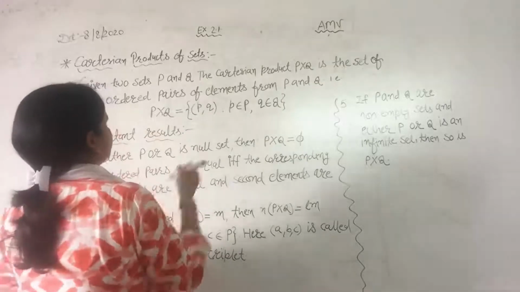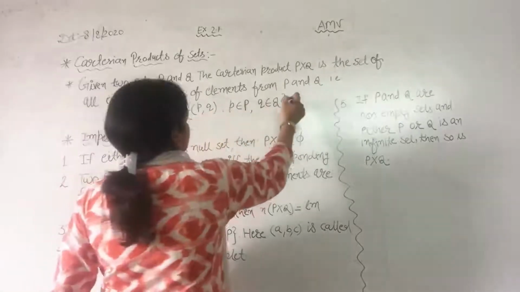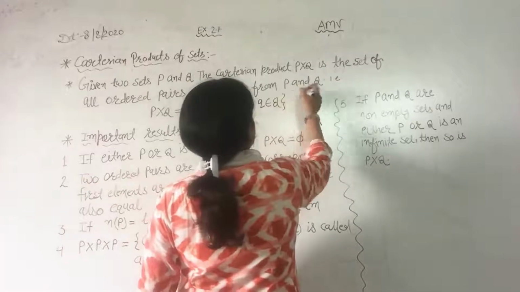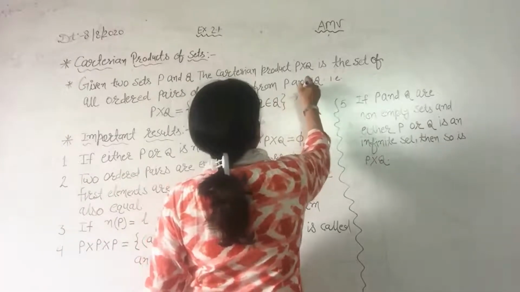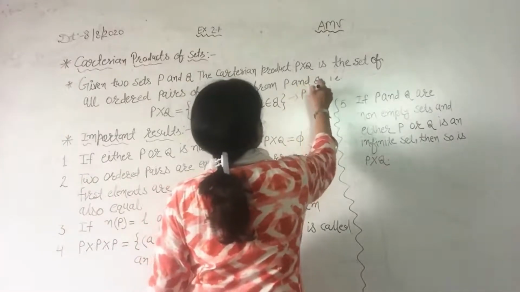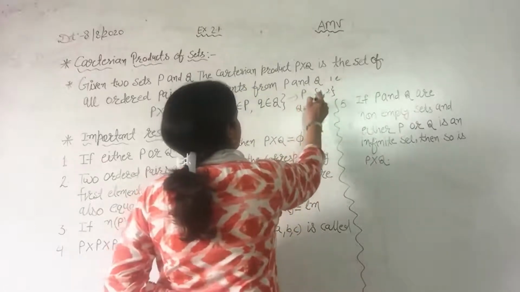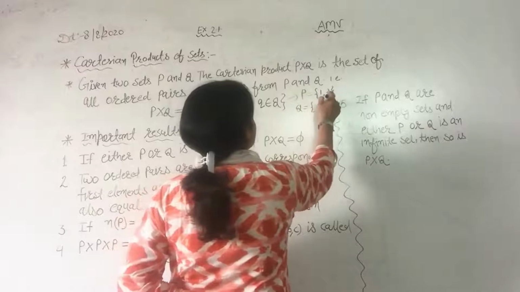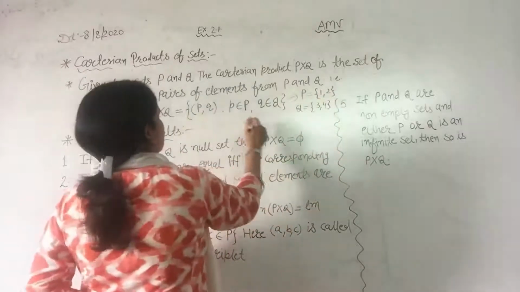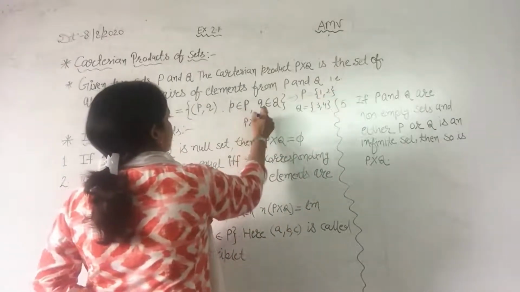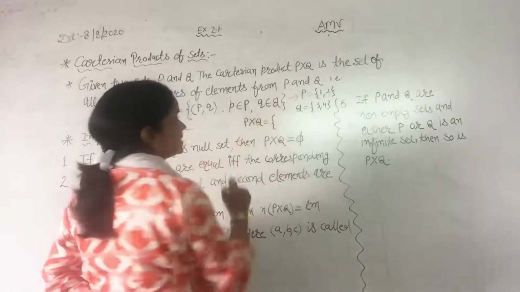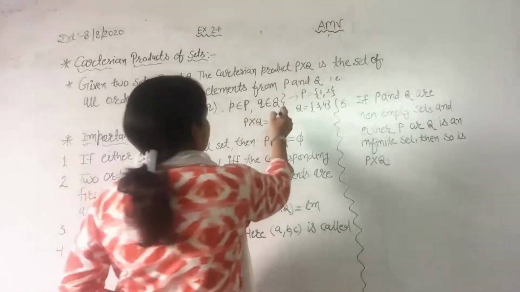First, let's take one example for this. Let P be the set {1, 2} and Q be another set {3, 4}. Then the Cartesian product P×Q is the set of ordered pairs.